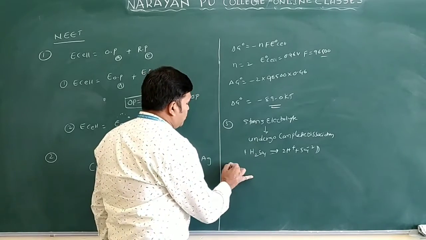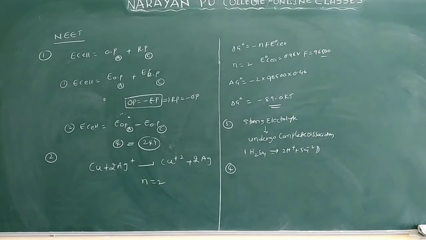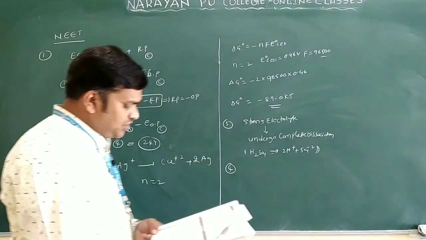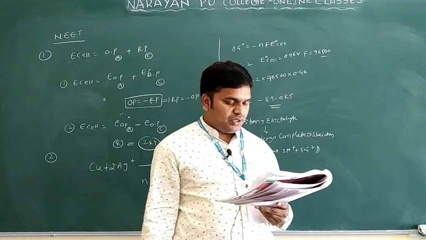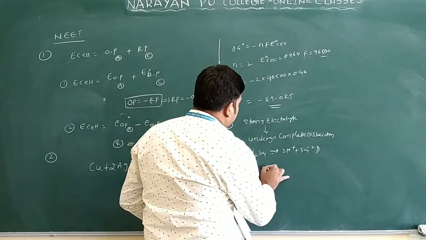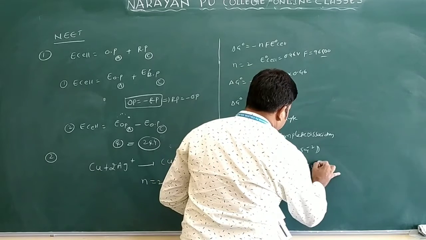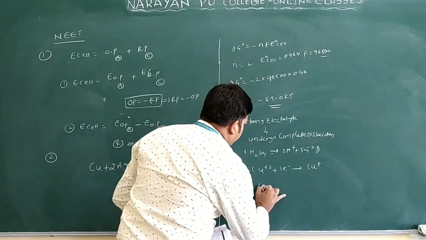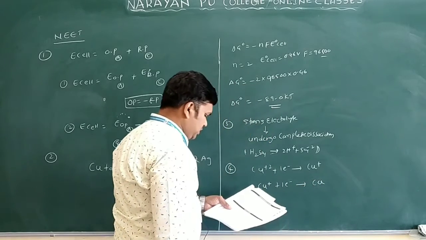Next we can see question number 4. This question was already discussed in the class itself. The electrode potentials for Cu2+ gaining 1 electron to convert into Cu+, and one more equation, Cu+ gaining an electron to convert into Cu.